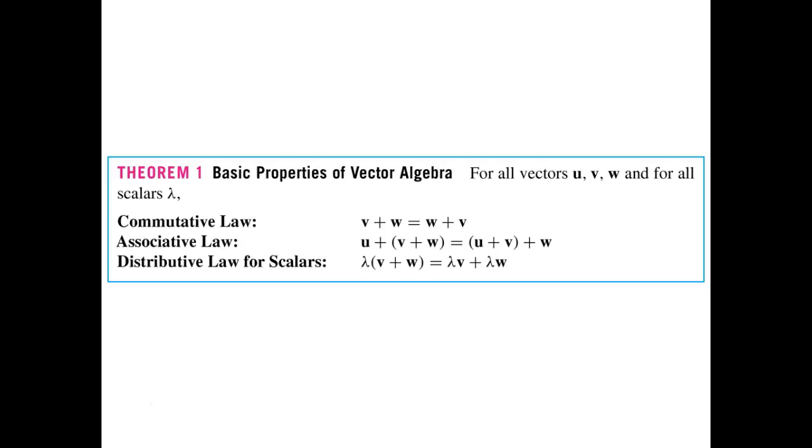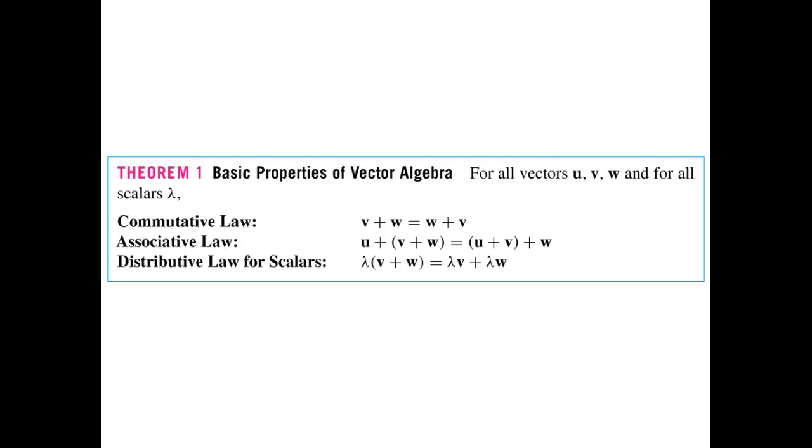The components of your vector, they're commutative too. Associative law, just as you would expect, U added to the sum V plus W is the same as U added to V and then adding W. Okay? And again, if you do it by components, then you see it has to be true because the components are real numbers. Real numbers are associative in addition. Okay? And that's all you're doing is adding those components.